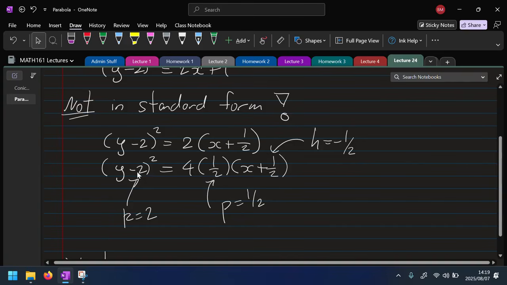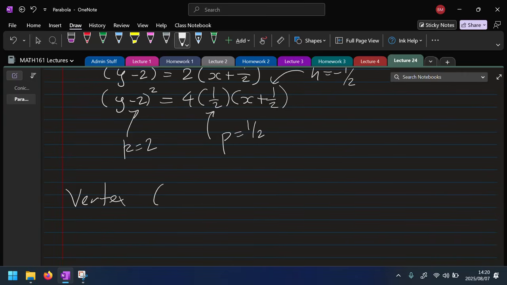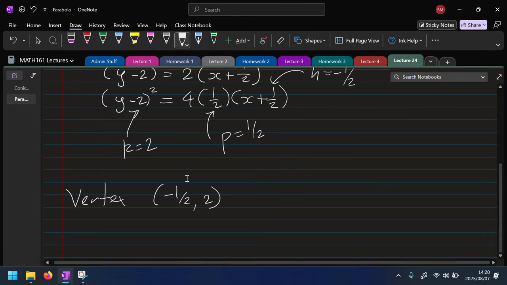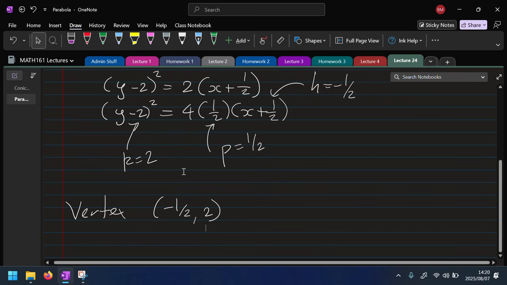So we take 0, 0, left by a half, up by 2. So that's minus a half, 2. Or you can write it in terms of h and k. The h is the x part of the vertex, and the k is the y part. Or you can think of it as starting from 0, 0, shifting to the left, shifting up.